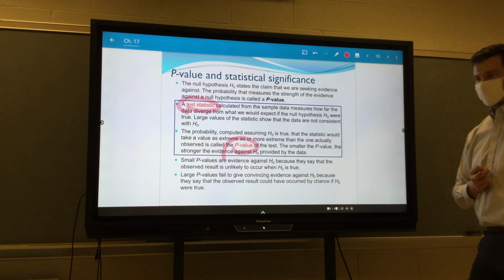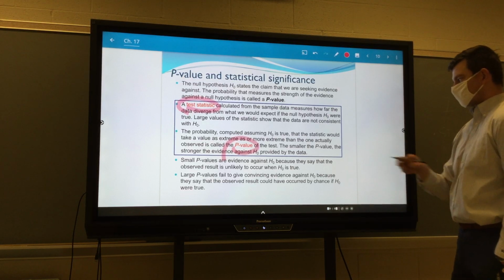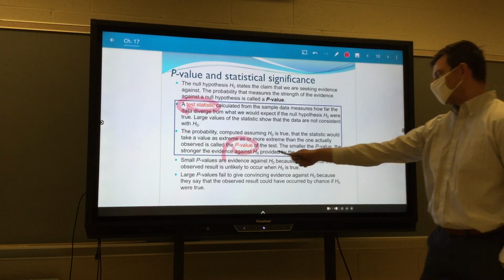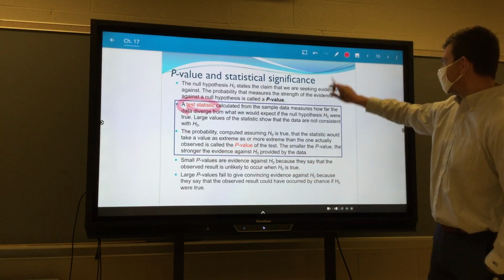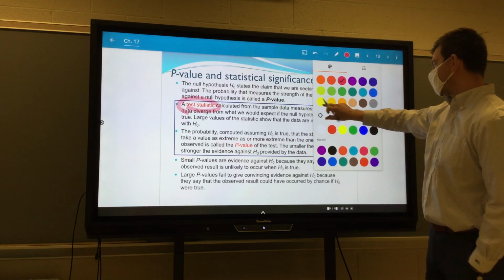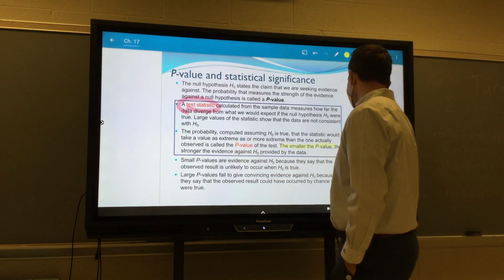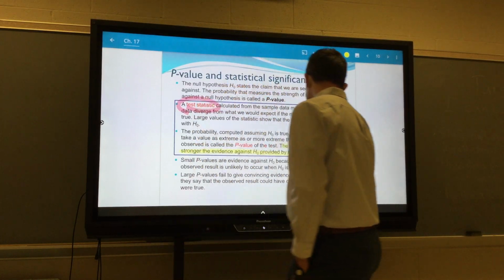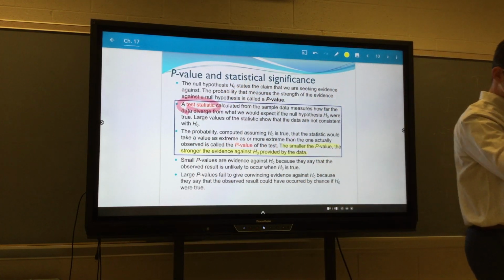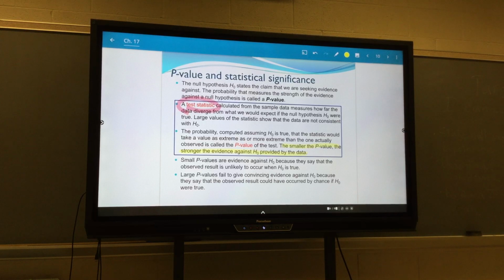That is what that p-value represents. The smaller the p-value, the stronger the evidence against H0, the null hypothesis, provided by the data. Here is our key sentence: the smaller the p-value, the stronger the evidence against H0 provided by the data.